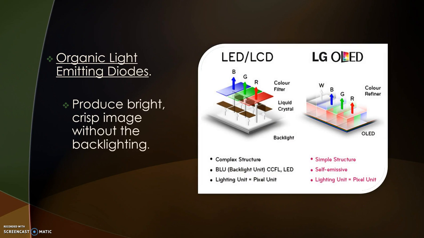Then the other option is the organic light emitting diode, or the OLED, which produces a crisp image without the backlighting. This little image shows you the difference between the LED or LCD and the OLED. It's self-emissive, a lighting unit with a pixel per unit, so it has more detail, and the colors are refined.